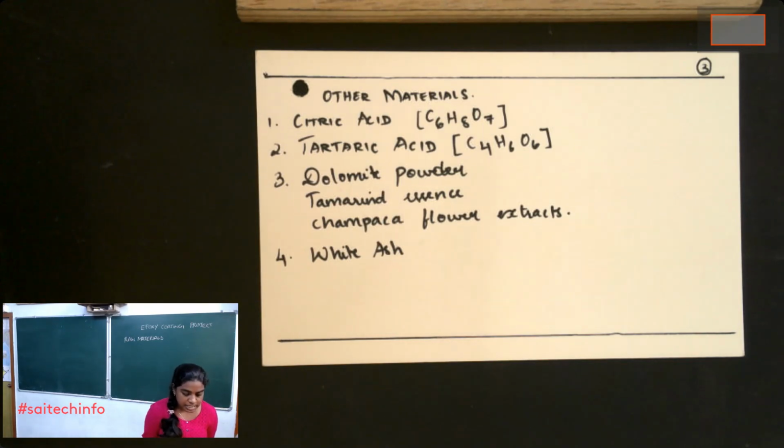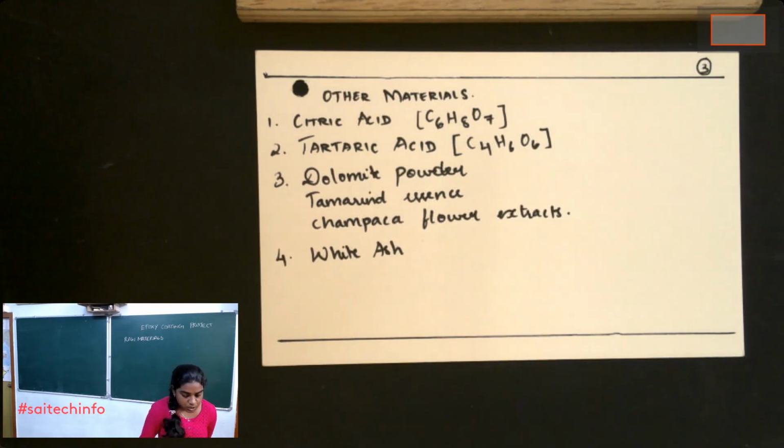So first one is citric acid. Its chemical formula is C6H8O7, and the next one is tartaric acid, C4H6O6. The main reason for using these two is to remove the surface contaminants like rust and other mineral dirt.